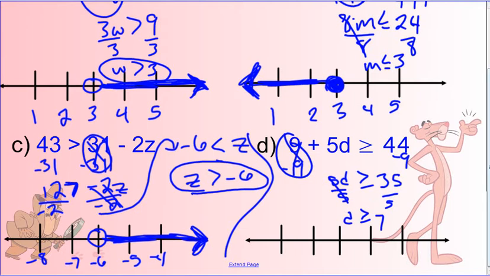And we got 7, so then 7 and 8 and 9 and 6 and 5. We use a solid dot at 7. And then we shade to the right. And that's the answer for letter D.